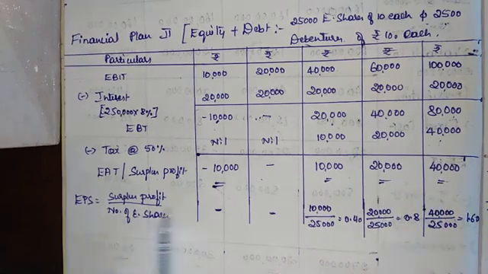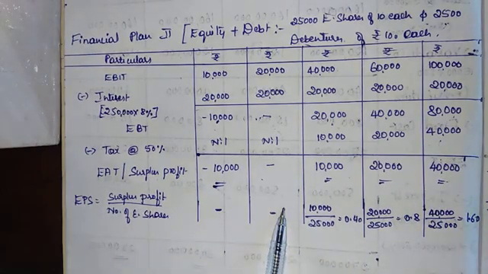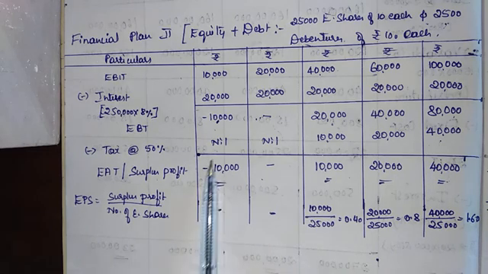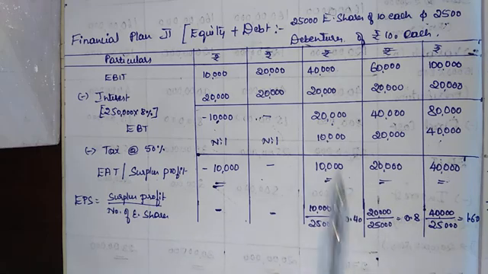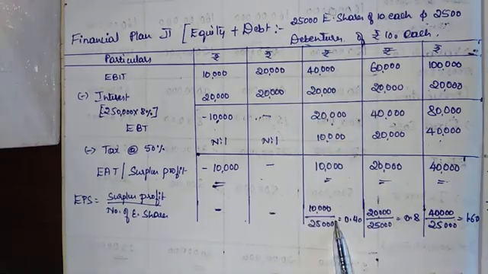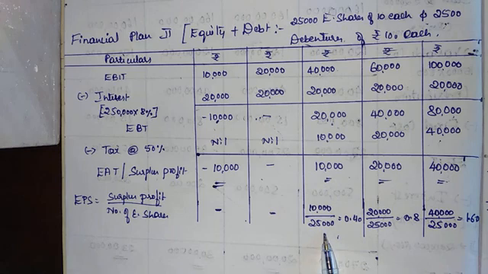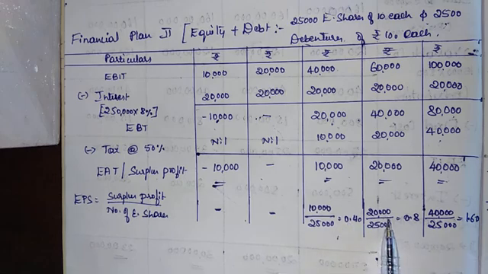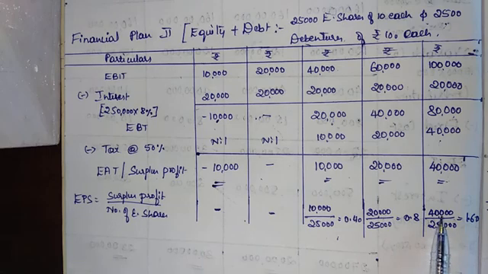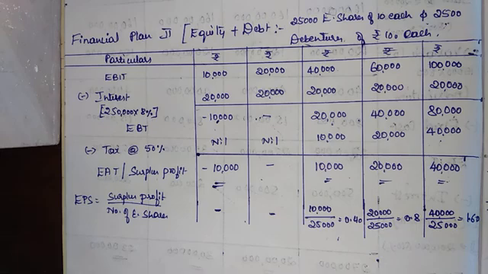We cannot calculate EPS for the first two EBIT because there is no profit, so equity shareholders will not get any dividend. For the third situation, 10,000 surplus profit divided by 25,000 equity shares, given in the problem, gives rupees 0.40 EPS. 20,000 divided by 25,000, 0.8 is EPS. 40,000 divided by 25,000, rupees 1.60 is EPS.